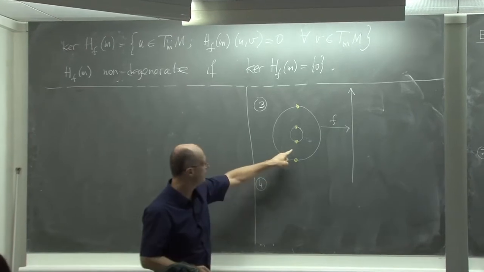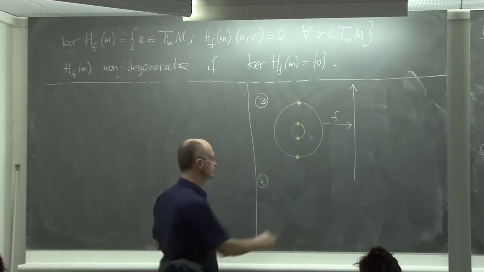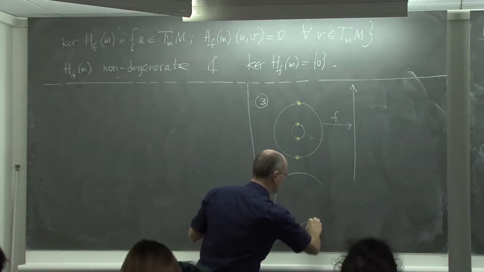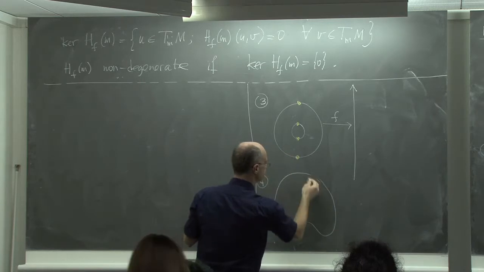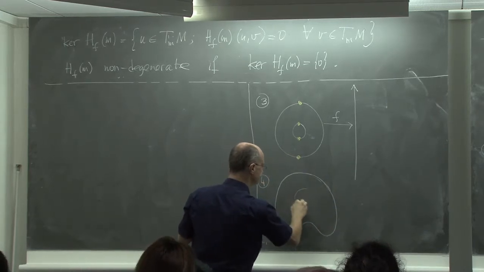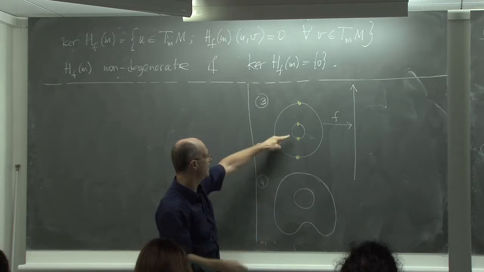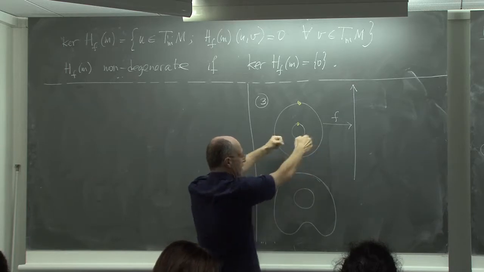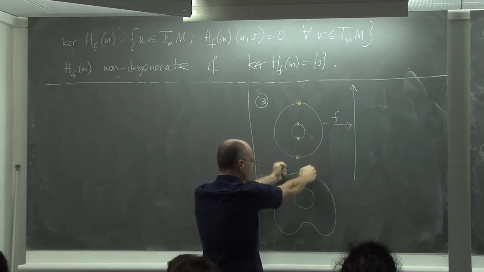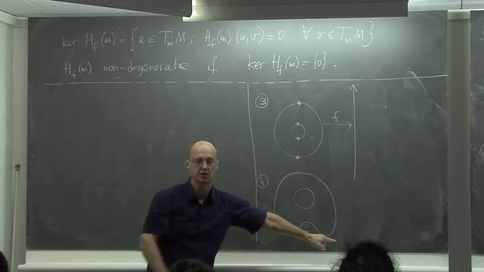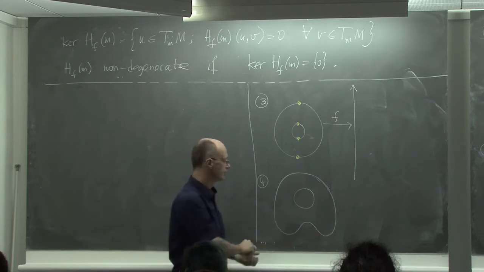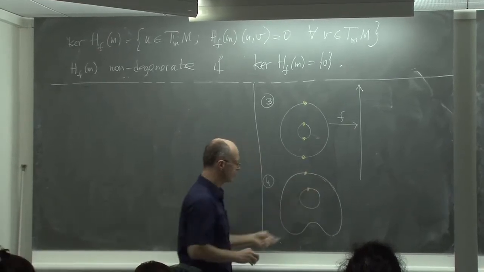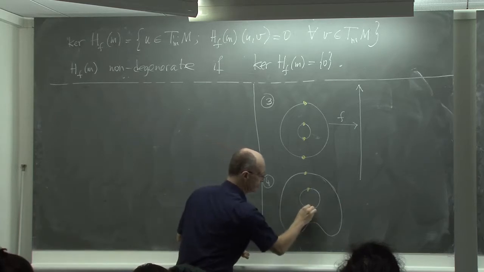Let me give one more example. Imagine I try to deform this embedding of the torus, and I arrive at something like this. Basically I don't touch the upper part so much, but in the lower part I start pulling, and I create two minima here. Up there the critical points won't change.